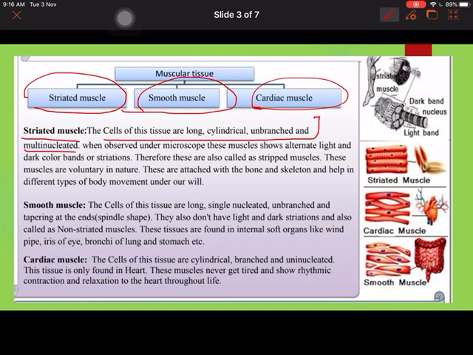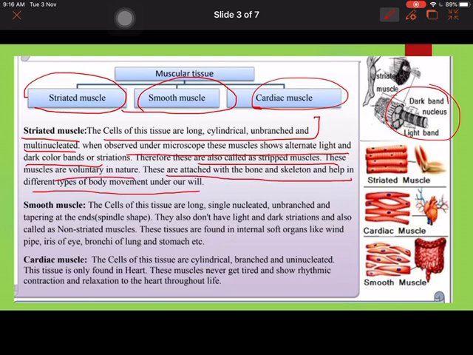When observed under the microscope, these muscles show alternate light and dark color bands, you can see from here, and therefore these are also called striped muscles. These muscles are voluntary in nature and are attached to the bones and skeleton and help in different types of body movement under our will. So these help as per our will.